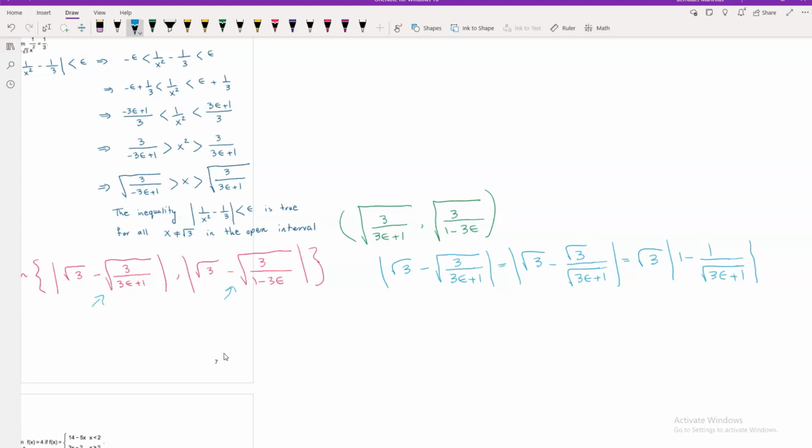Now factor out square root of 3. So we have square root of 3 times absolute value of 1 minus 1 over square root of 3 epsilon plus 1.